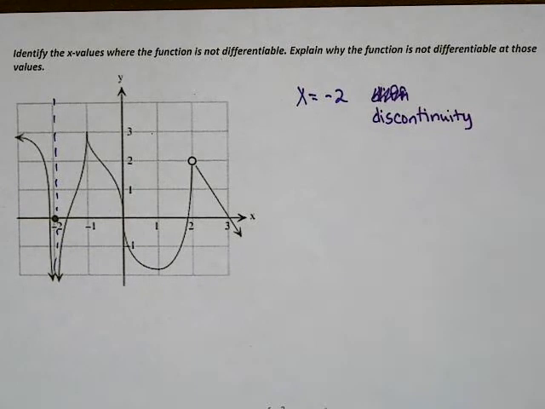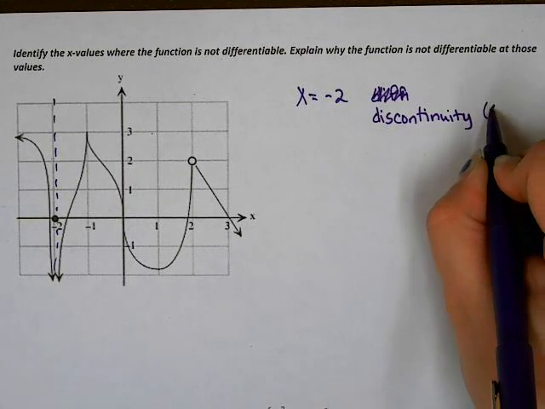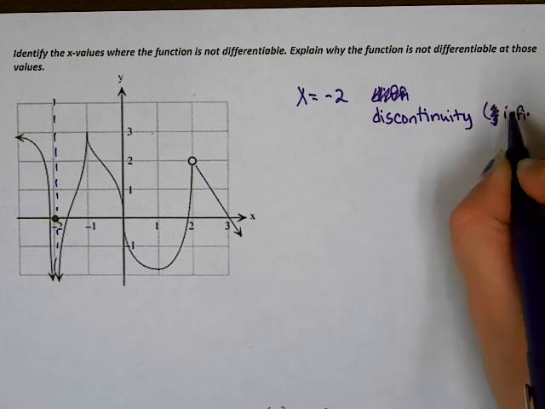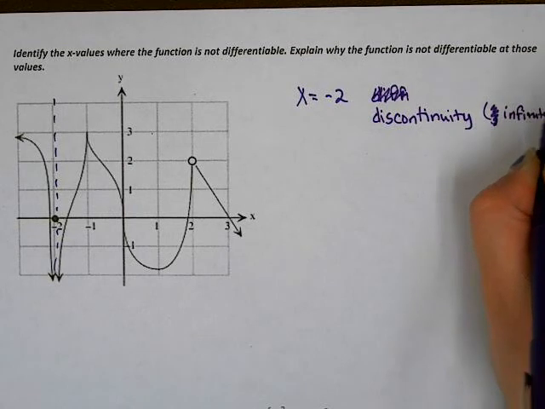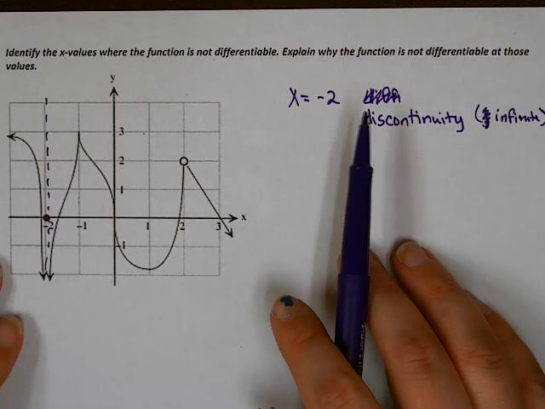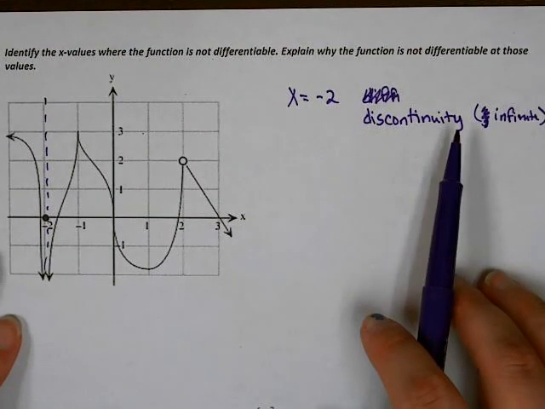All right, and we know that that discontinuity can be classified as an infinite discontinuity. So, at -2, we have a discontinuity, and it is an infinite discontinuity.